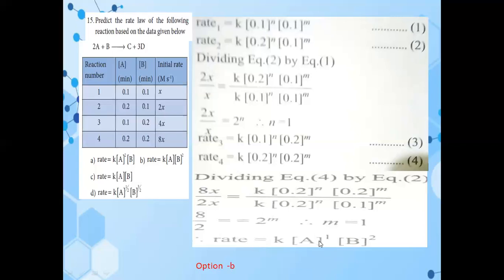We are getting n value equal to 1, m value is equal to 2, not 1. Now see the option. Option B is the correct answer.